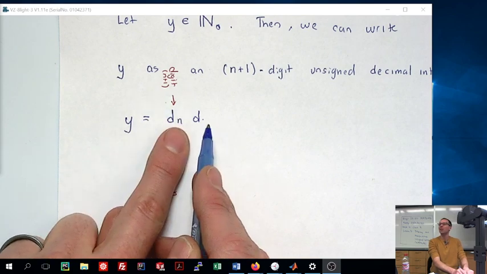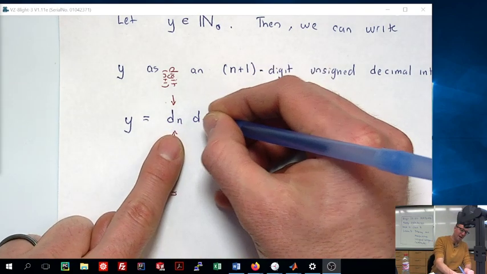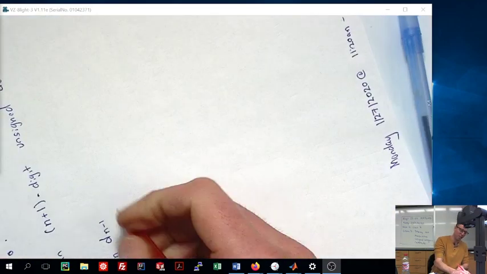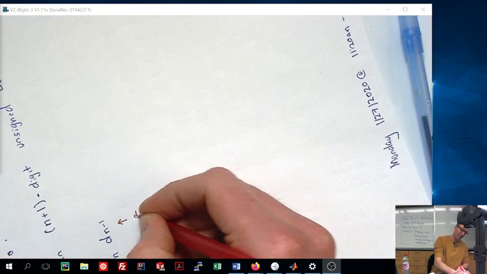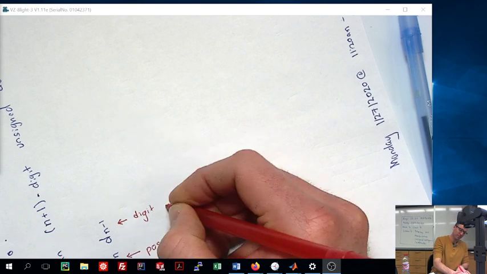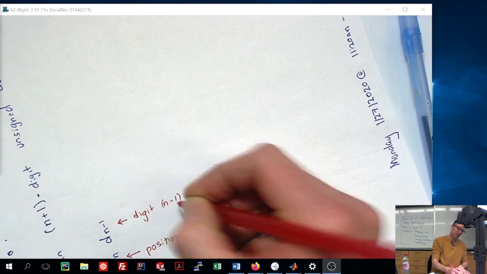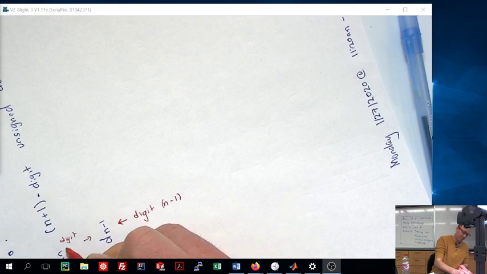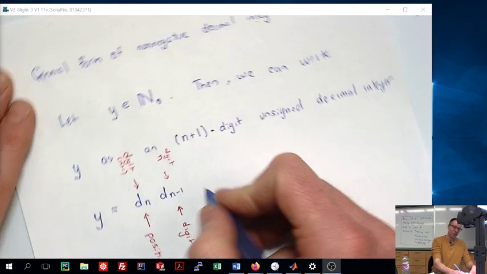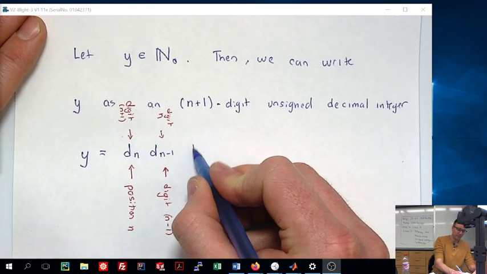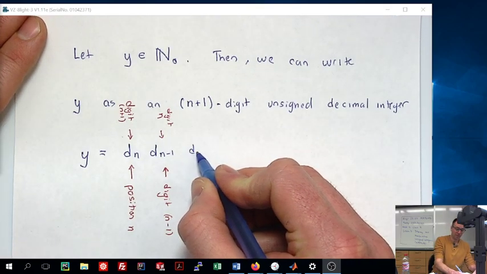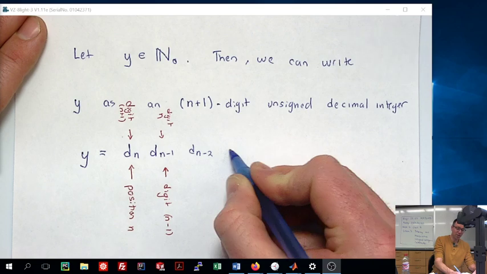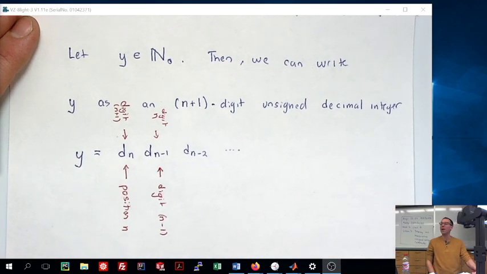What's the next one? n minus 1. So maybe we just kill a fly with a Tomahawk missile here. Okay, what's the next one? n minus 2. All the way down.